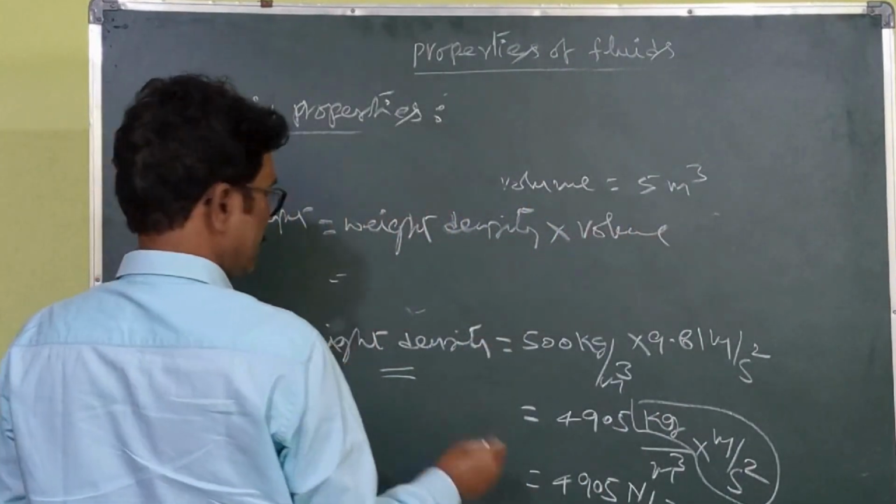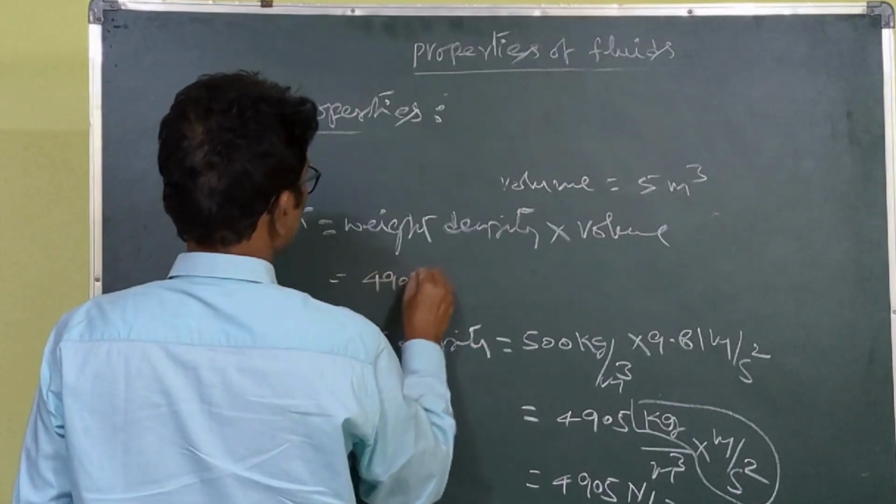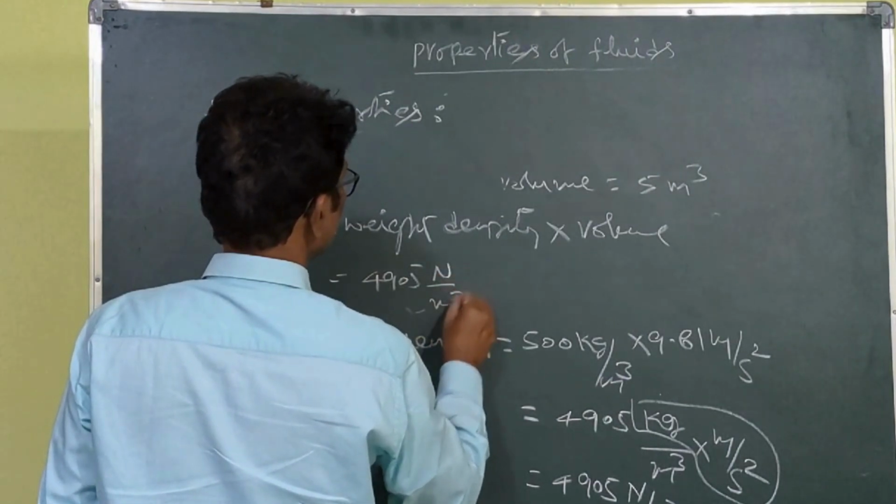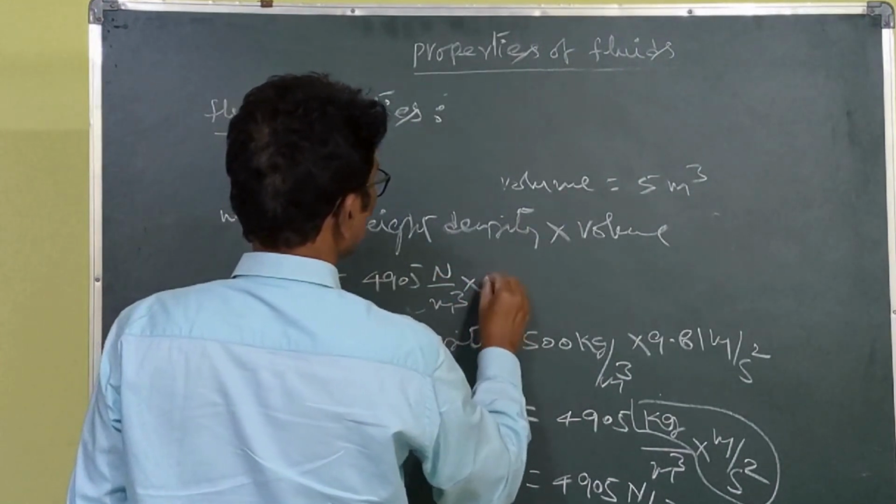Weight density equal to how much? 4905 Newton per meter cube into volume 5 meter cube.